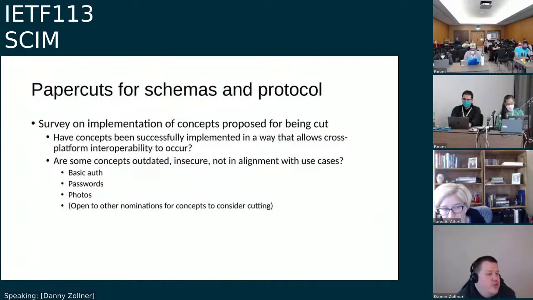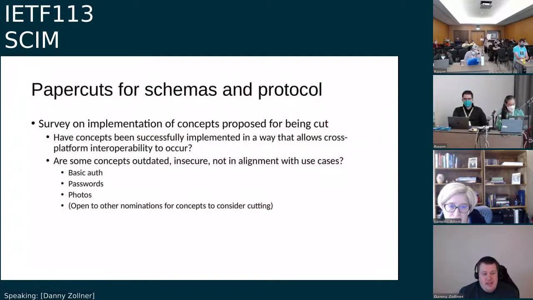One of the things that if we were to push 2.0 to be internet standard, we would need to do is a survey on the implementation of concepts. And honestly, even if we're not pushing it for 2.0, there's probably still value in figuring out, are there parts in the 2.0 standard, in the schema or protocol, that just aren't adopted, either at all or widely or in an interoperable manner.